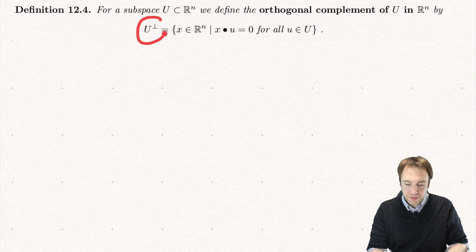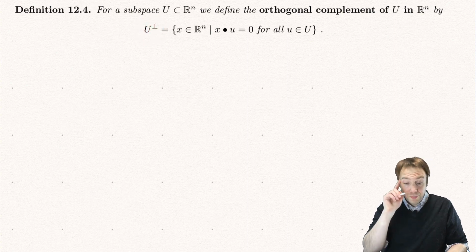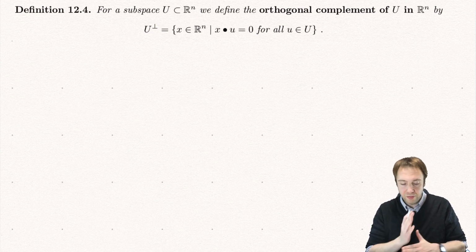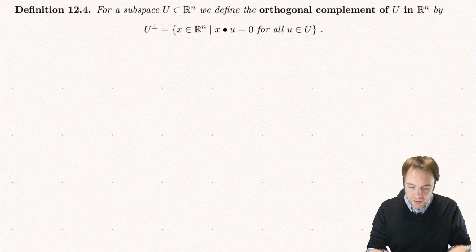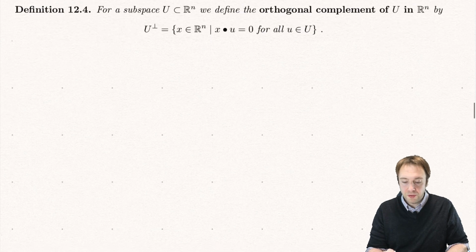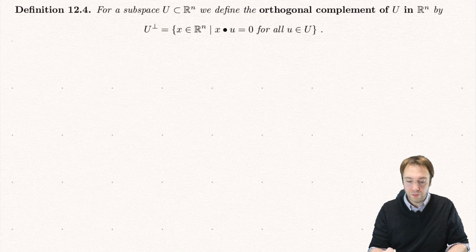The notation is that we take the subspace U and then the symbol for perpendicular or orthogonal, and the definition is that this is the set of all vectors in R^n which are orthogonal to all vectors in the subspace U. So all x such that the dot product of x with all elements in U is 0.